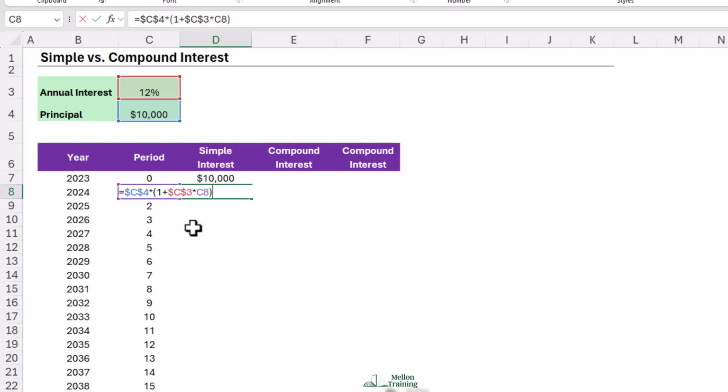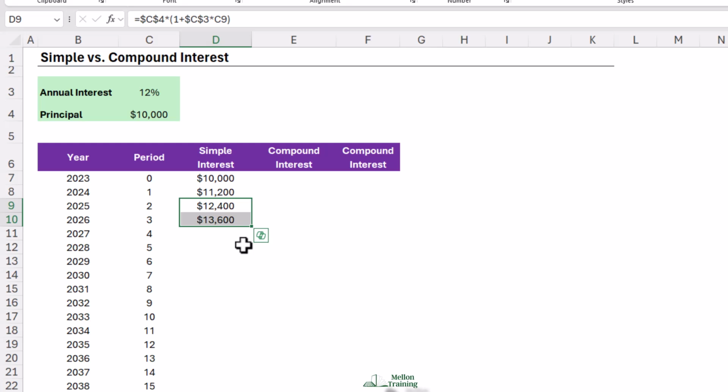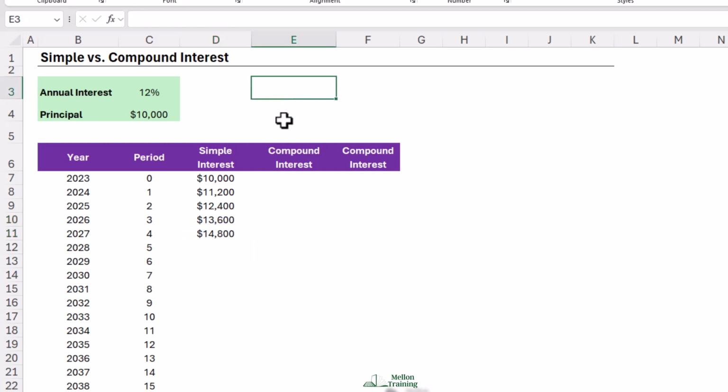Okay? Press enter, and so we have the 11,200. Notice that every period we're adding $1,200 that we're only earning, and that's just so that everyone can see this, right? It's 10,000 times 12%. So we're earning that each year, and we're only earning interest on the principal.